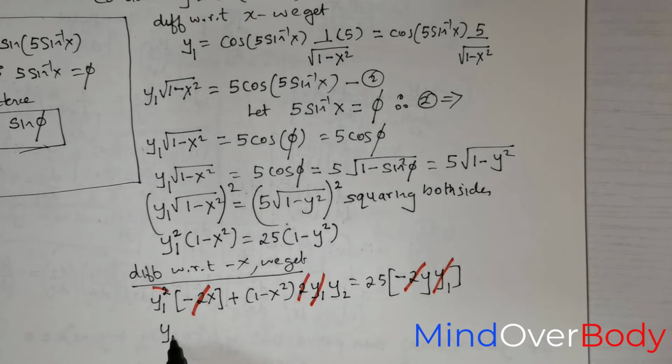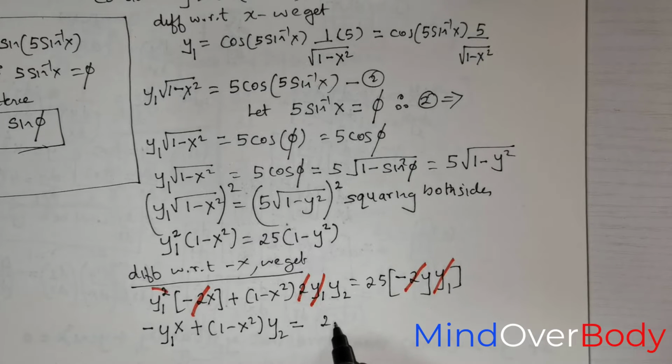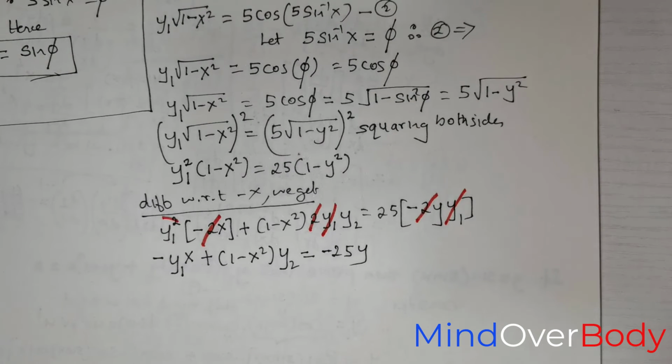I get a y1 now, of course there is an x there and there is a negative sign, fine, and followed by 1 minus x squared times y2 is equal to 25 times, you have a negative sign and a y. So this is the system that we have got.